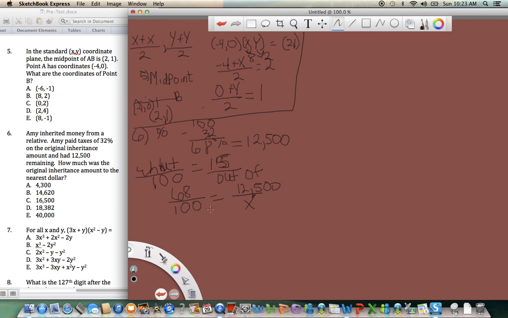Now you would just cross multiply to solve for x. So 12,500, and you will have a calculator, thank heavens. I don't have my calculator right here, but if you did 12,500 times 100, you're just going to do 12,500 and two zeros, equals 68x.